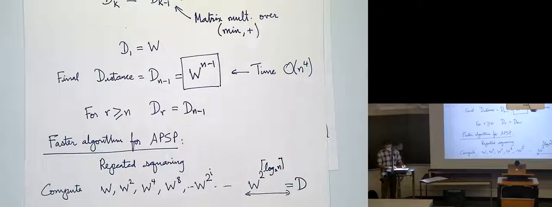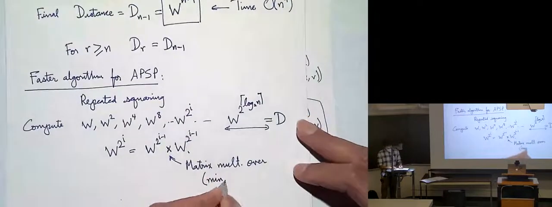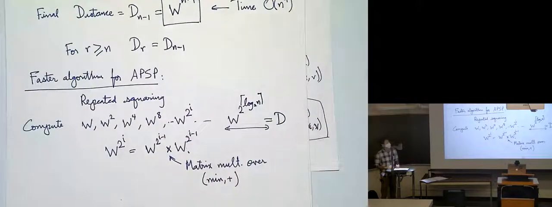Where w^(2^i) is just w^(2^(i-1)) multiplied with itself, matrix multiplication over min plus. Very clever, right?